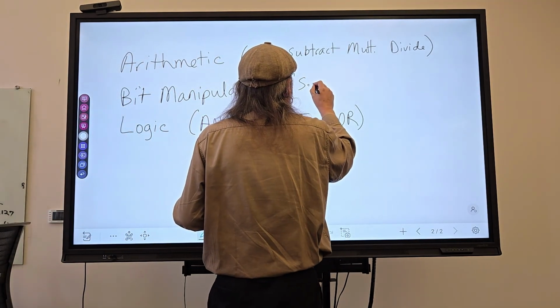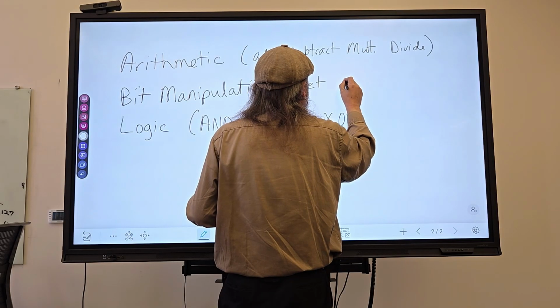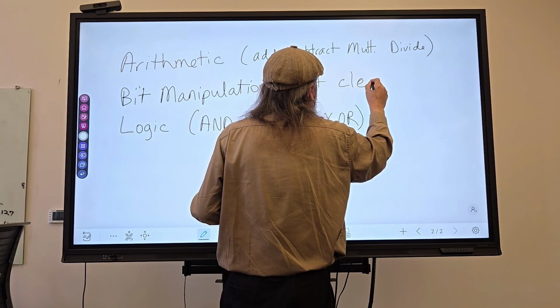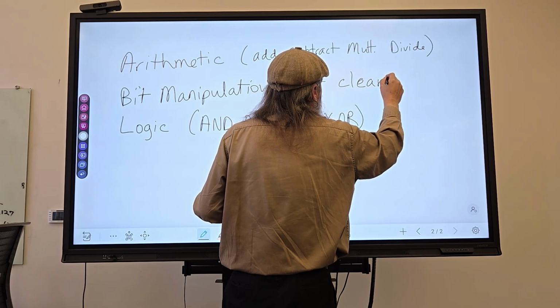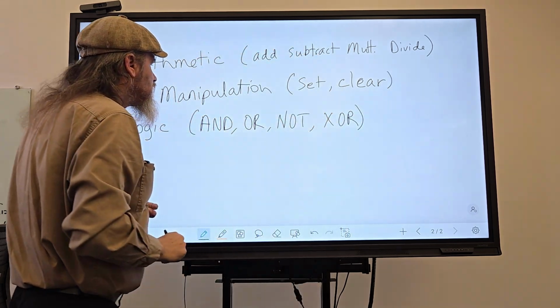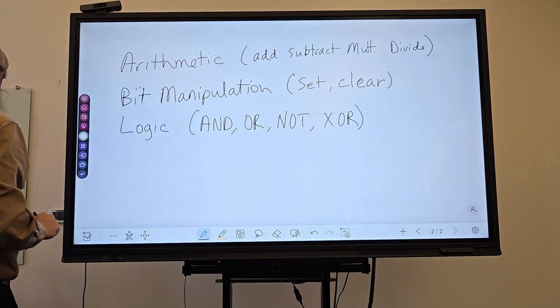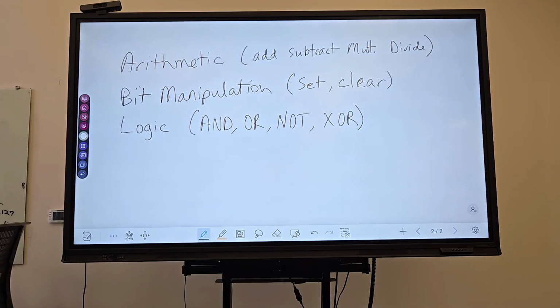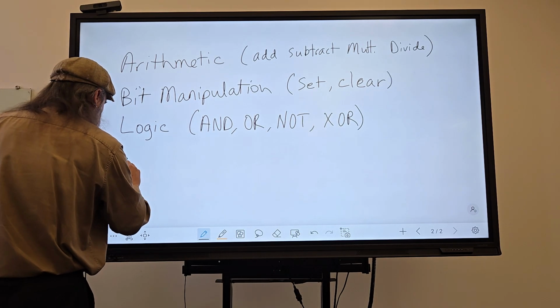Setting is putting it to 1, and clearing it is setting it to 0. So the ALU has direct access to 32 registers.